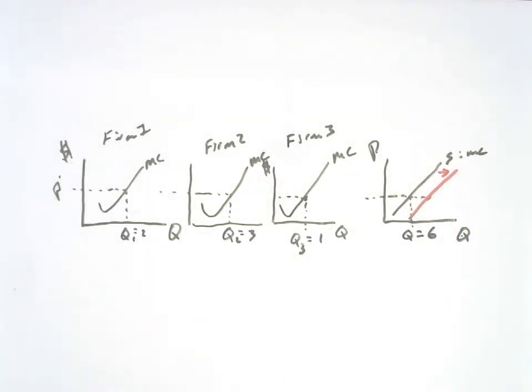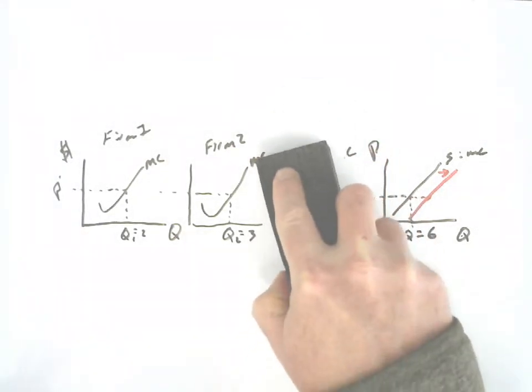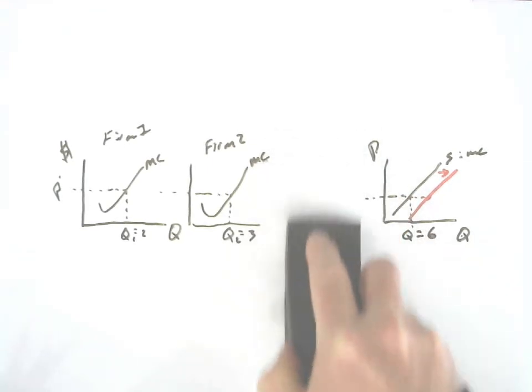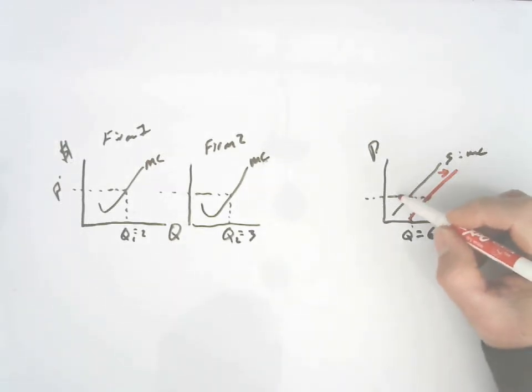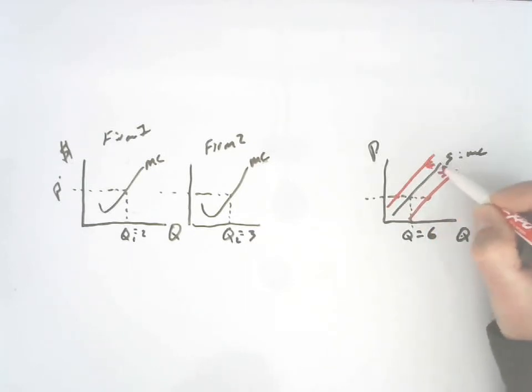You can also see that if I take away a firm, I'm now summing over fewer marginal cost curves, meaning that output level drops at that price level and industry supply shifts to the left.